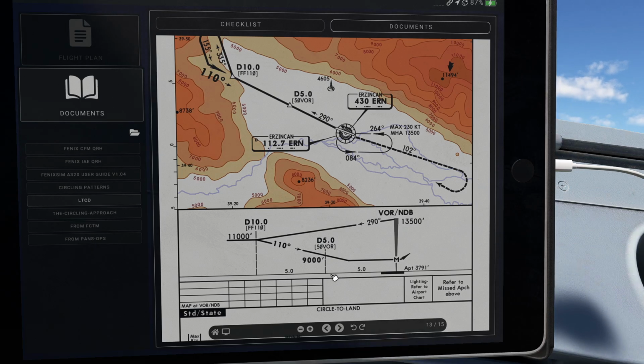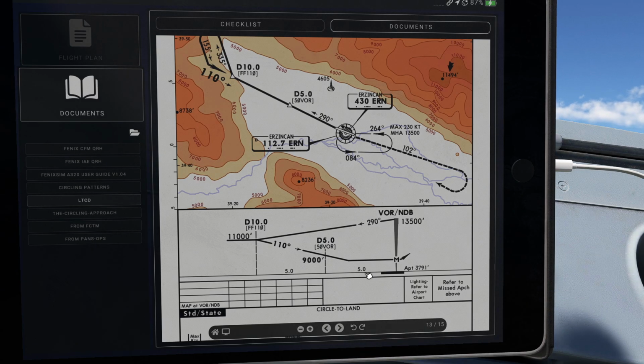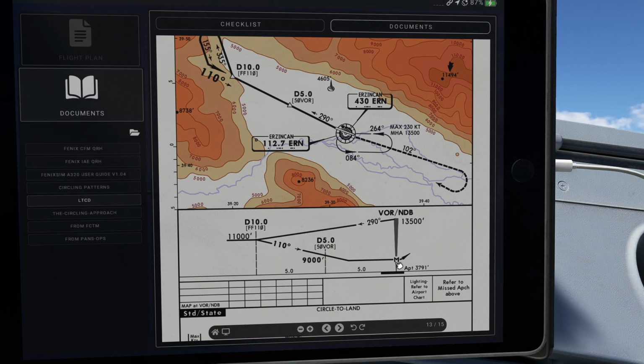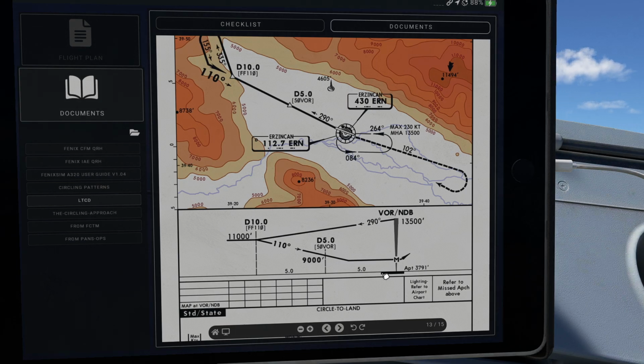And this mileage, which is 5 mile, is between the 5 mile from the VOR and the minimum, which is located at the VOR station. If we consider 1 mile from the runway threshold of runway 10 to the VOR station, the distance will be roughly 4 mile.